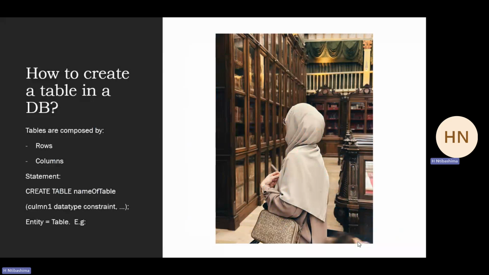So I'm having a lecture table, so I must create a lecture table, and also a student table. Or let me just do the lecture table. So how to create a table for now?